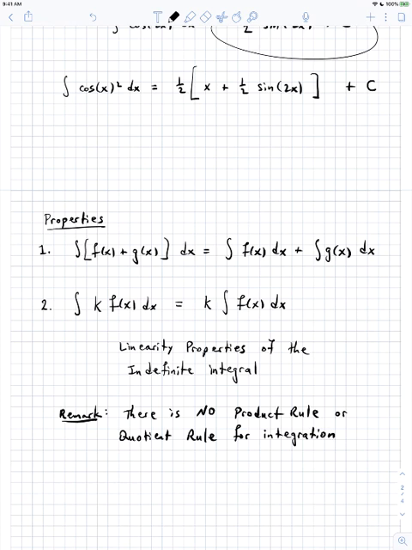For derivatives, you have rules for everything. You have a product rule, you have a quotient rule, you have a chain rule. We don't have these things for integrals. Instead, we have to develop techniques to solve indefinite integrals, where for derivatives you would have a rule.